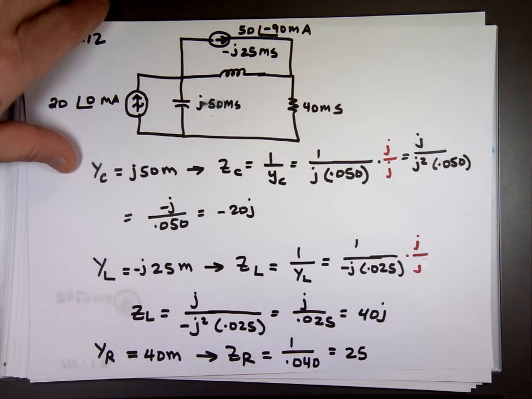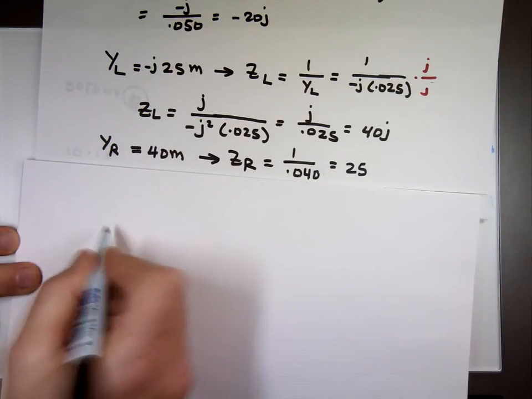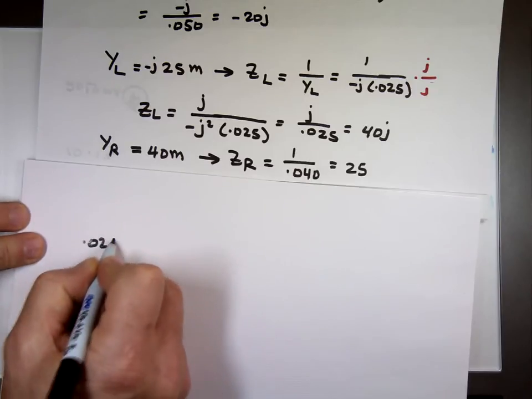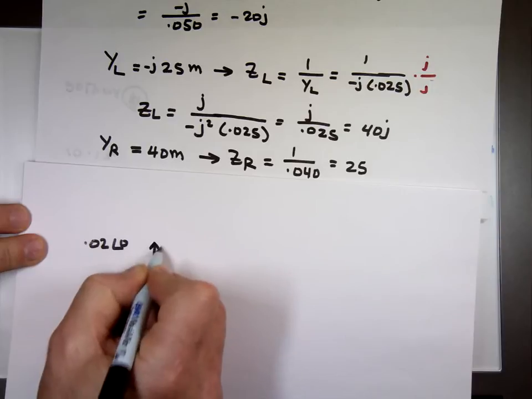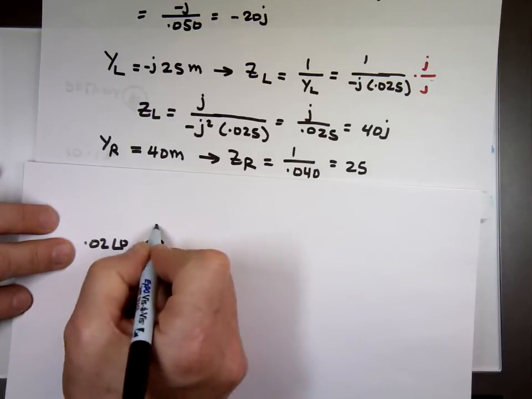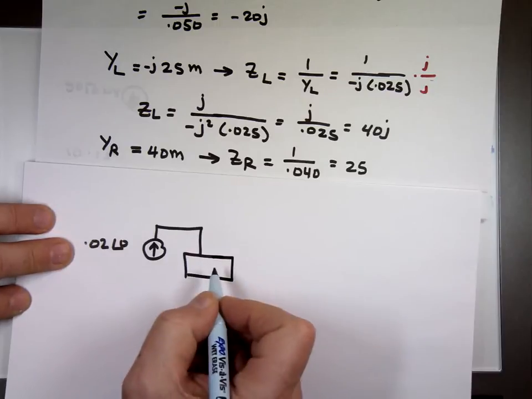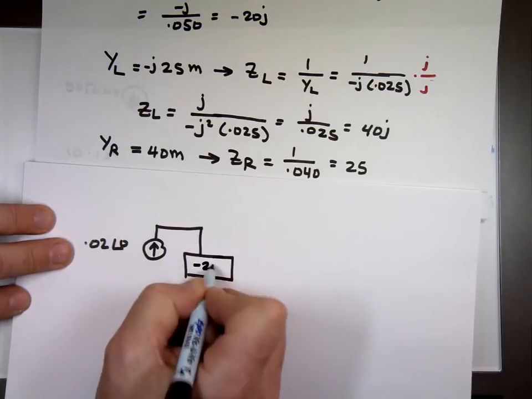So now I can redraw the circuit with numbers I'm used to. This is 20 milli. That means 0.02. Instead of 20, I'm going to go 0.02, angle 0. A capacitor of the value, what was the value of the capacitor? Negative 20j.